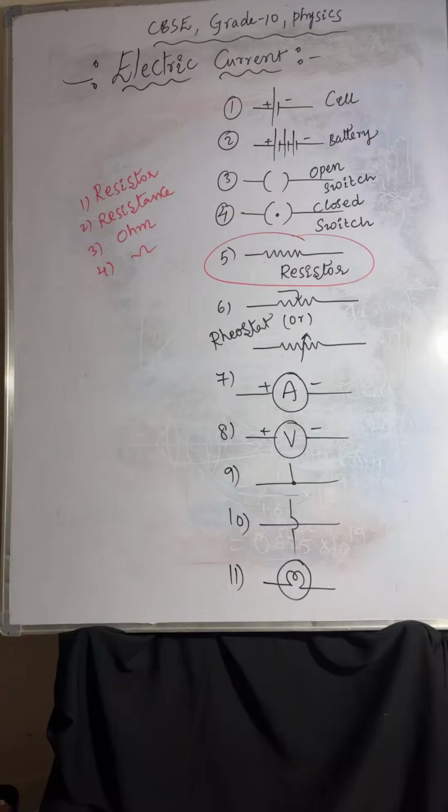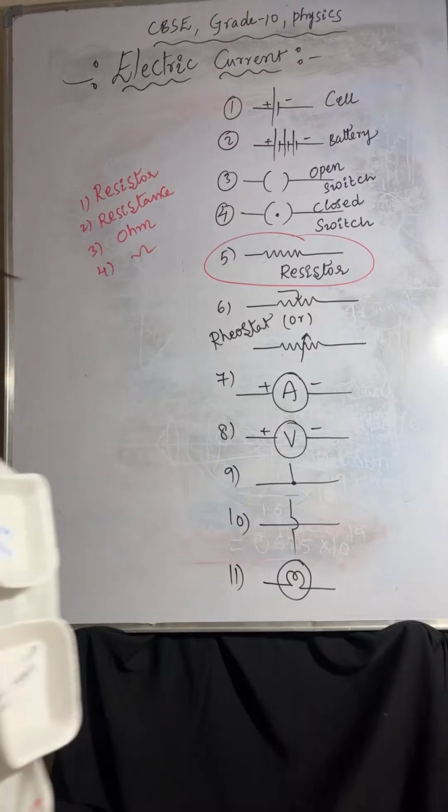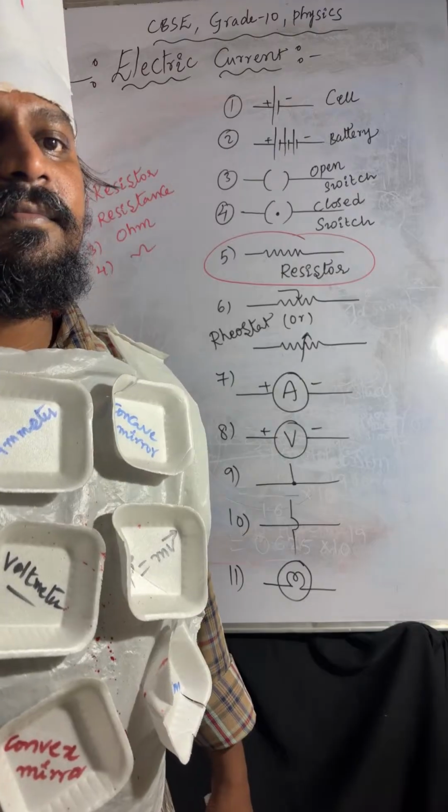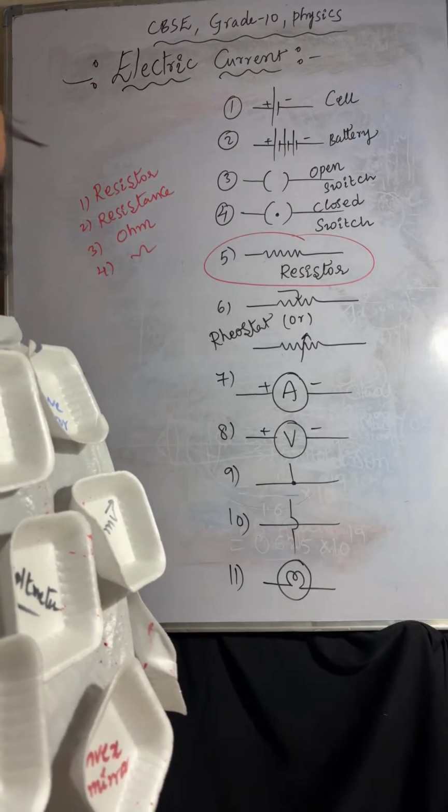So these are resistor, rheostat. Next one, ammeter. Okay, done.